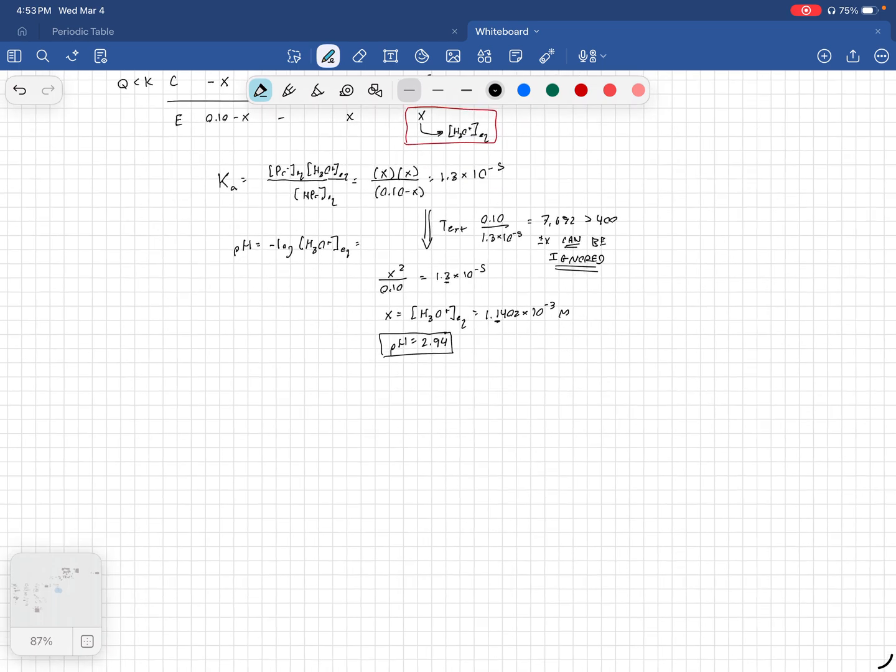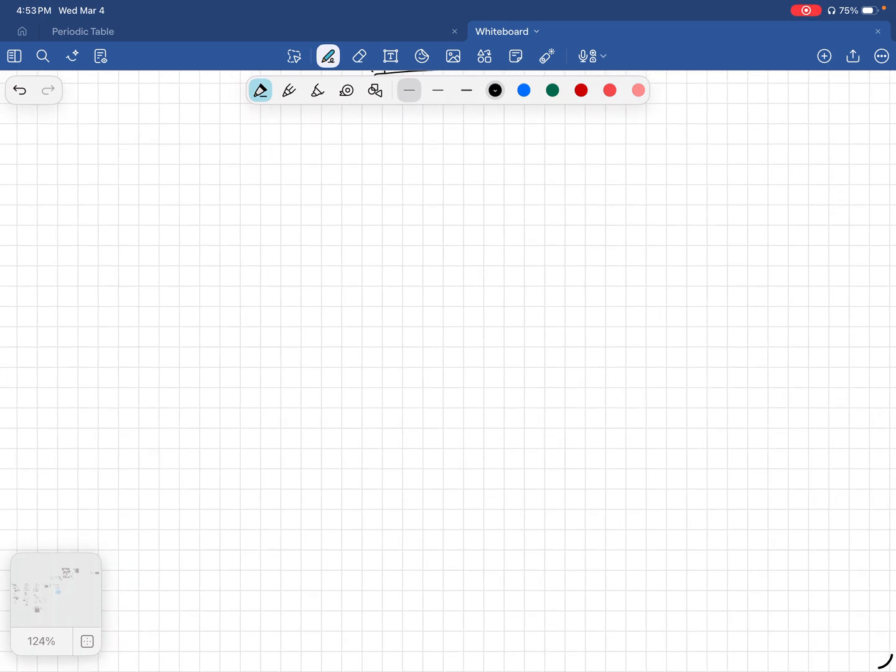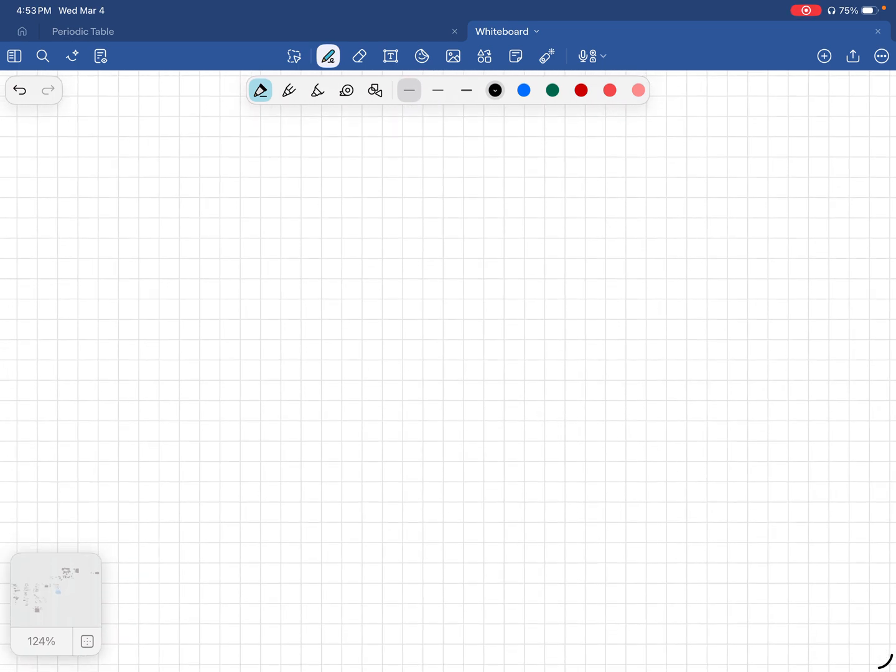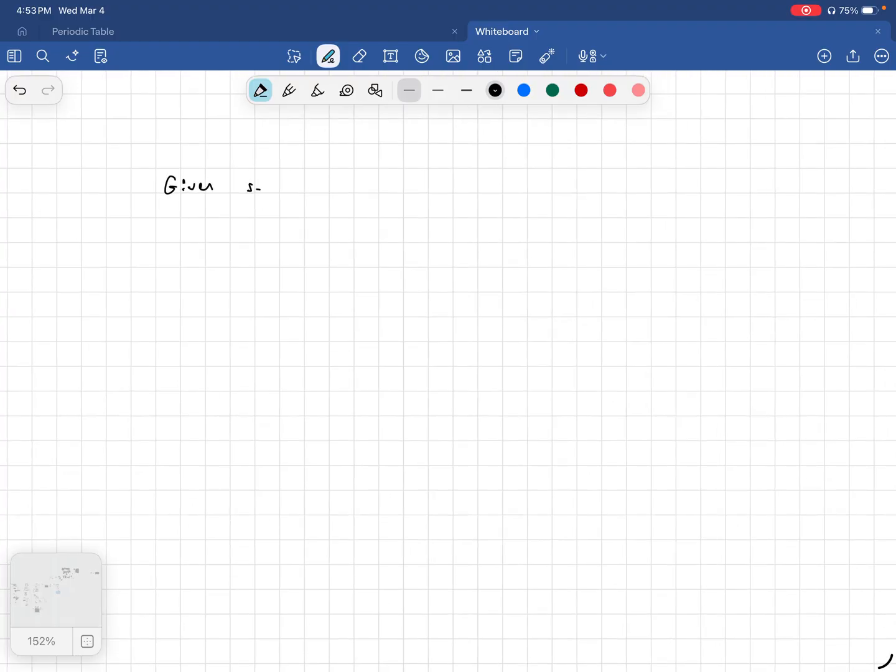Okay, so let's do another example. Now, let's say you're given a solution of sodium acetate, which has the formula NaC2H3O2, but we'll just write it as NaAC.